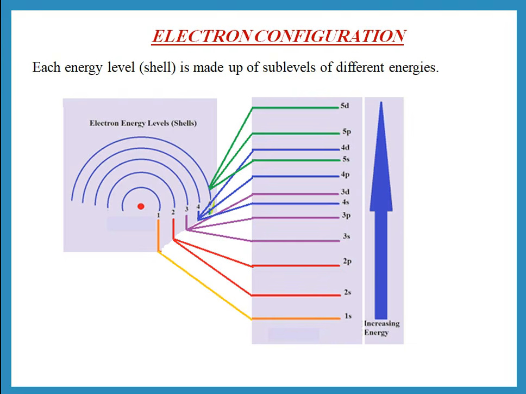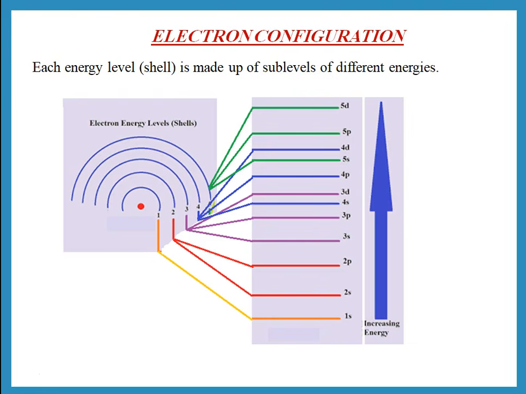No, it is divided into sublevels. So the first energy level has only one sublevel, the second energy level has 2 sublevels, the third energy level has 3 sublevels, and so on. So when we distribute electrons this year, we're not going to distribute them to 8 something. No, we're going to distribute them into the sublevels.